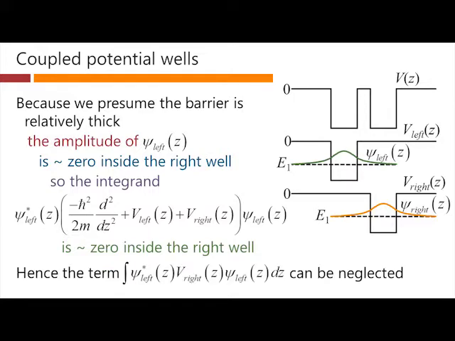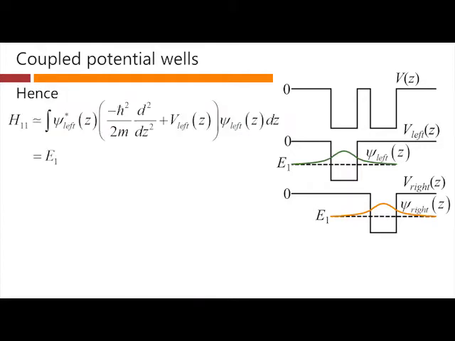Hence, this term, psi star left of z times V right of z times psi left of z, can be neglected. The potential V right is 0 everywhere except inside the right-hand well. But there we're saying these wave functions are approximately 0. So this integral we're going to neglect.